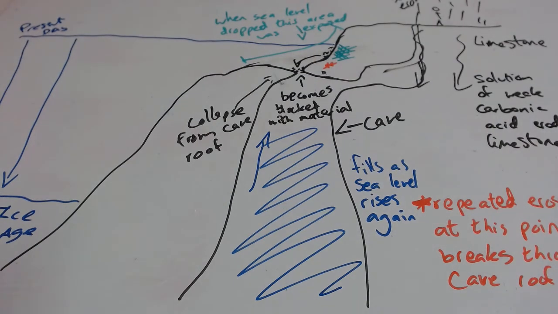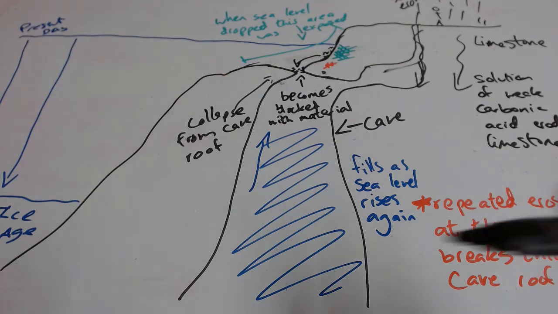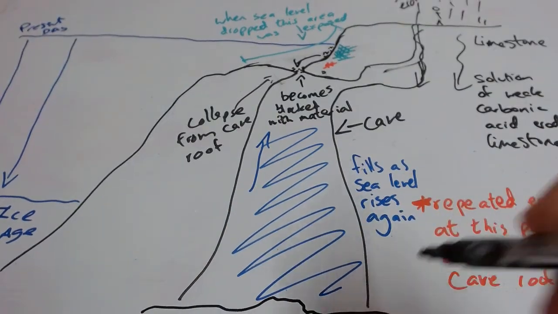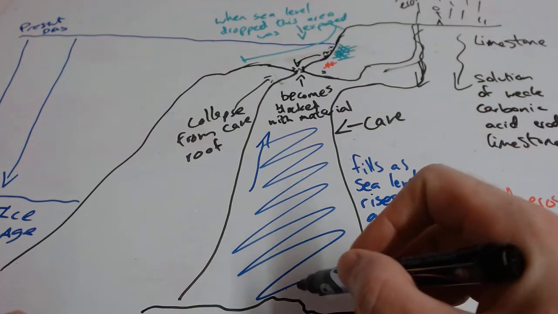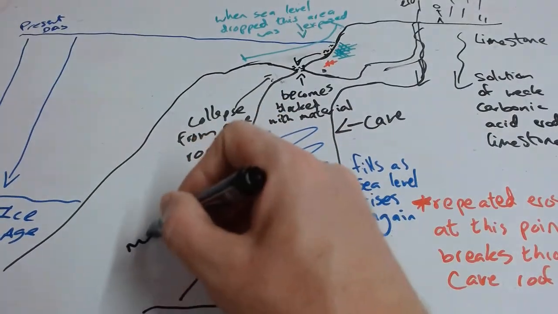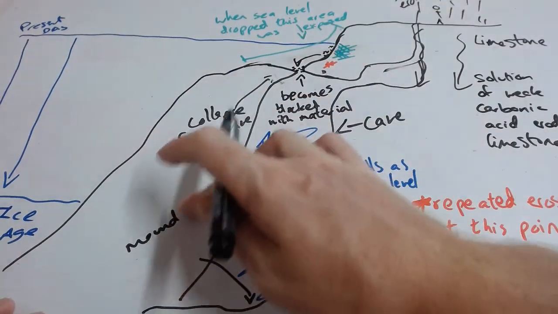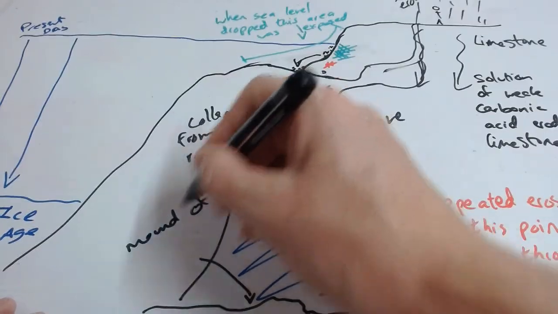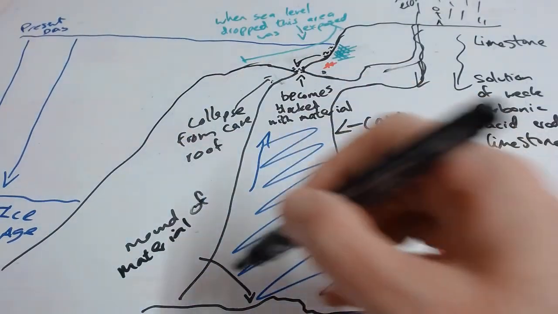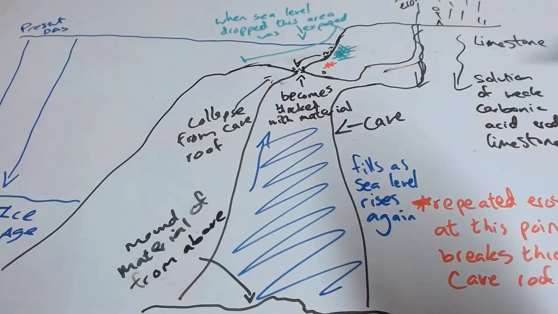And again, just like that, after a certain period of time, this will collapse down. And the people who've been down to the bottom of Dean's Blue Hole, what they've found is at the bottom a mound of material from above.